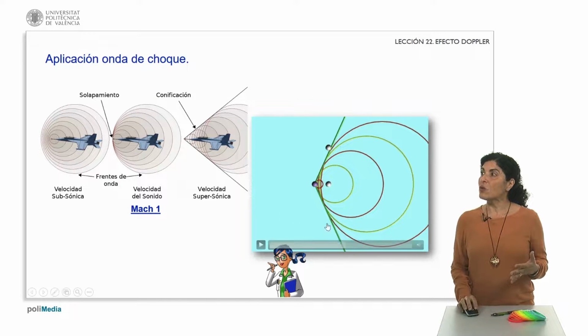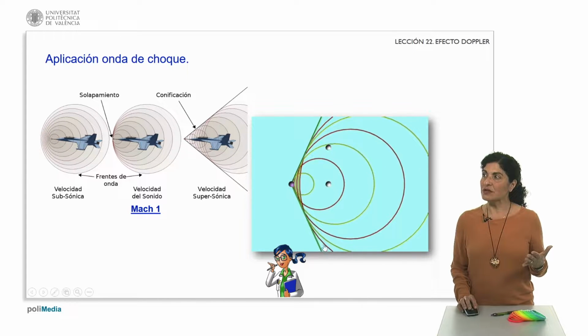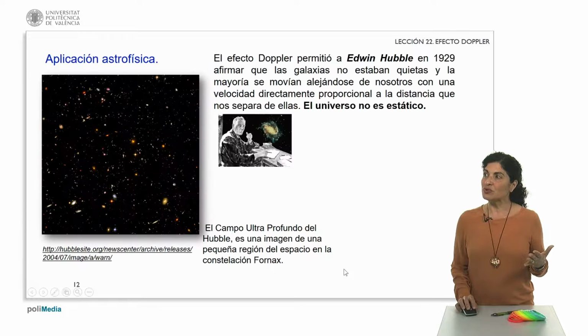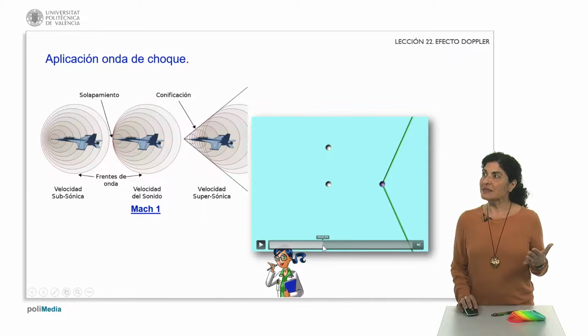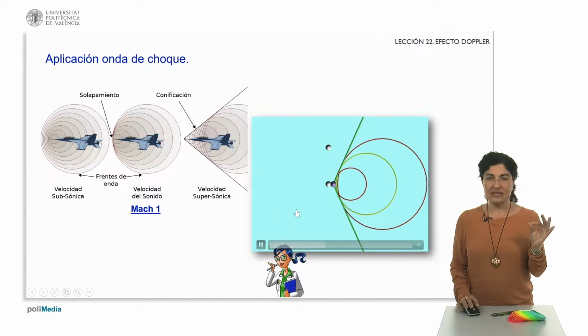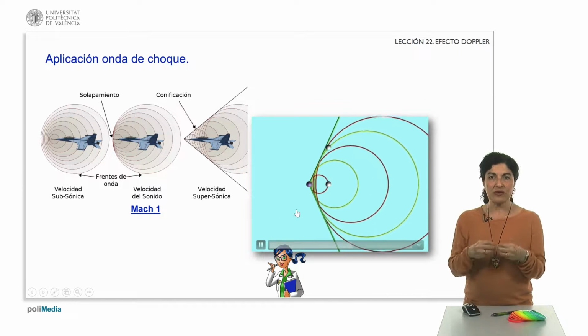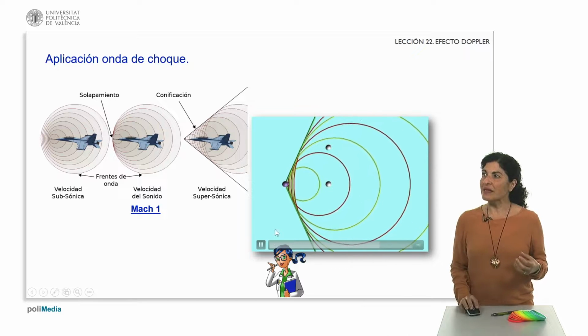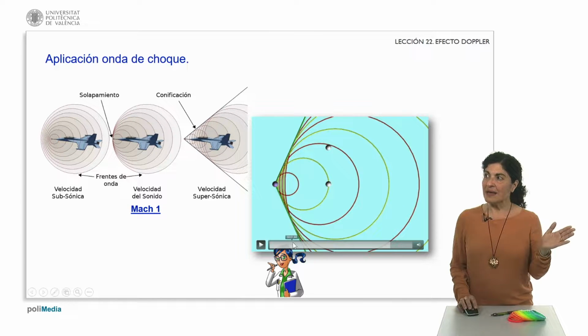When this superimposition of energy reaches the position of the observer, in this case where we have placed Amanda, the perception of the sound is as if there was a burst, because there has been an accumulation of all the energy associated with all the noise that the airplane engines are making.